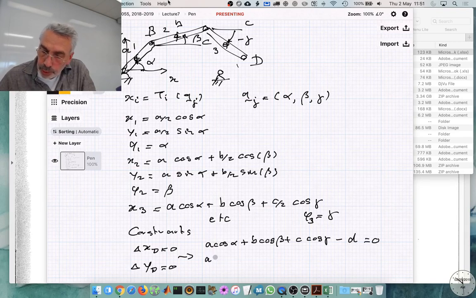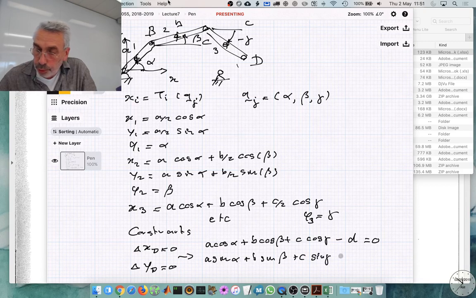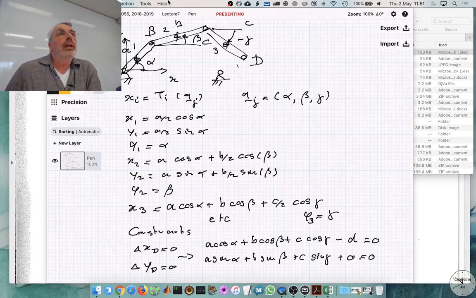And then the vertical one is, of course, a sine alpha plus b sine beta plus c sine gamma, plus or minus 0 is 0. So those are then the two constraints.